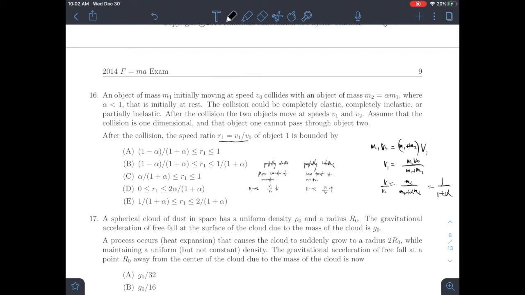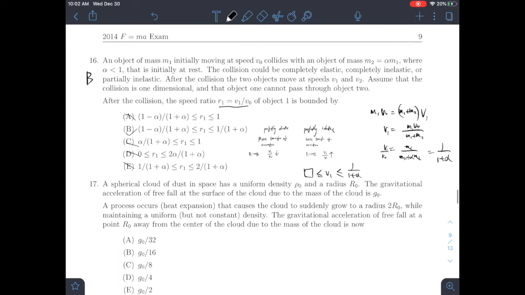Cancel out all the m1, we have 1 over 1 plus alpha. Then we know this is the upper bound. We don't know the lower bound yet. It's a little bit hard to calculate. You can calculate that, but I'm just lazy to do that. So R1 is smaller than or equal to 1 over 1 plus alpha, bigger than something. And we see B is the only one that fits the condition, so the answer is B.